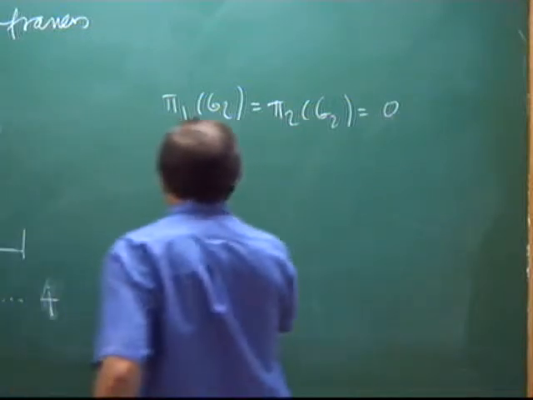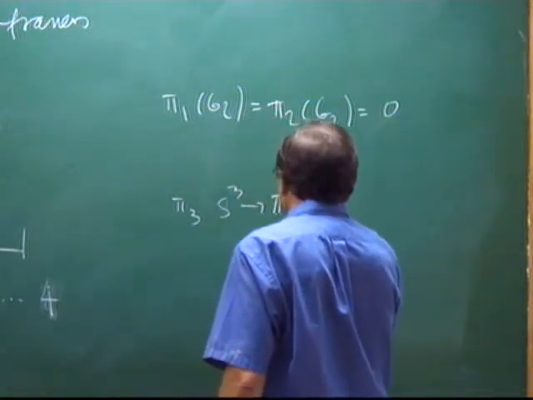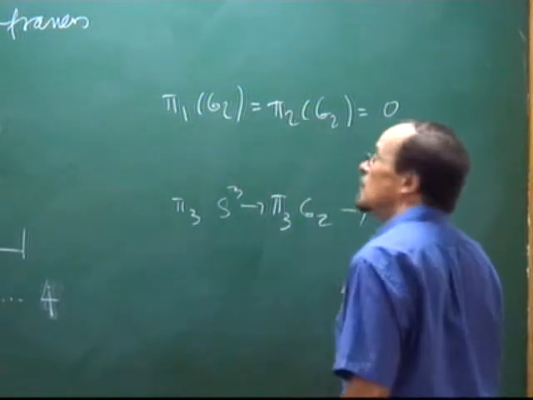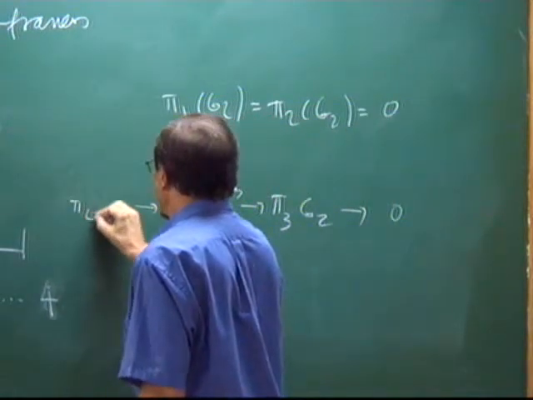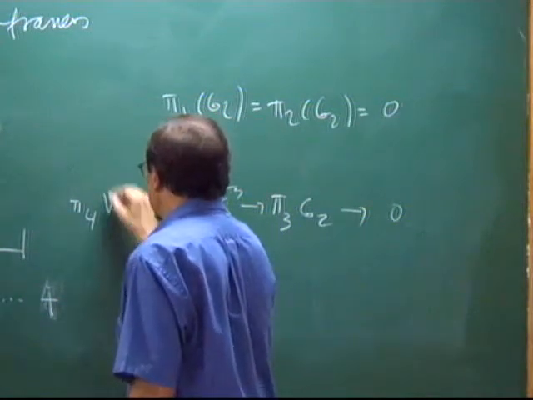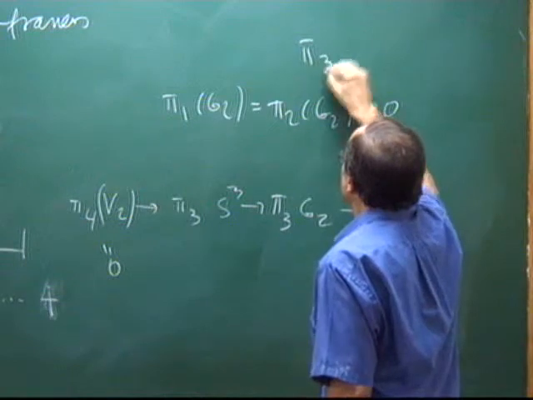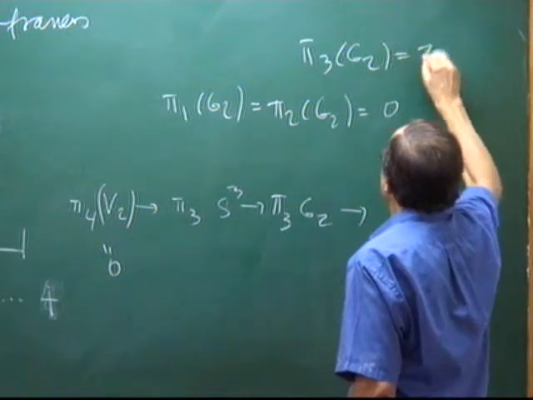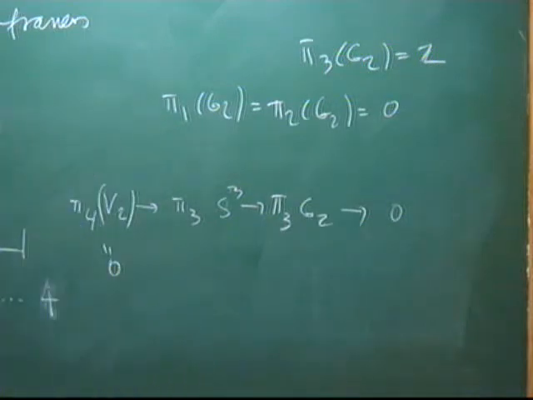Right, what if I look at the level of pi 3, it goes to 0, and comes from pi 4 of the Stiefel manifold, which is 0. So it's equal to Z. So pi 1 and pi 2 are 0, and pi 3 is equal to Z. We can add this here.